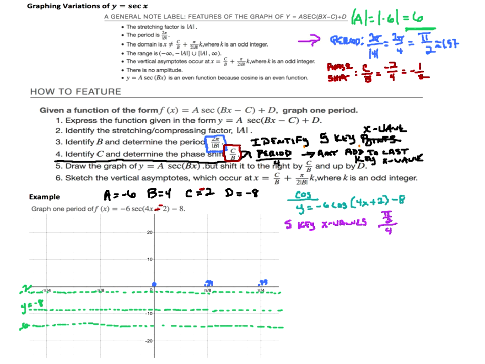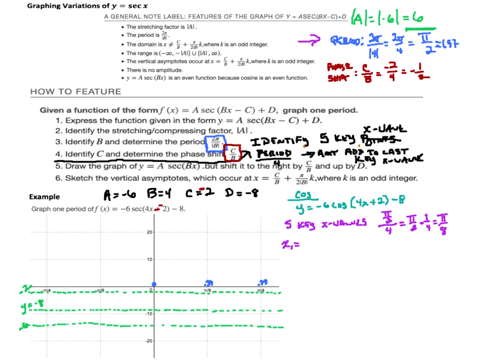And I'm going to divide that by 4 because I know I have those 4 sections that were created by the 5 boundary lines. So pi over 2 times the reciprocal 1/4 gives me pi over 8.